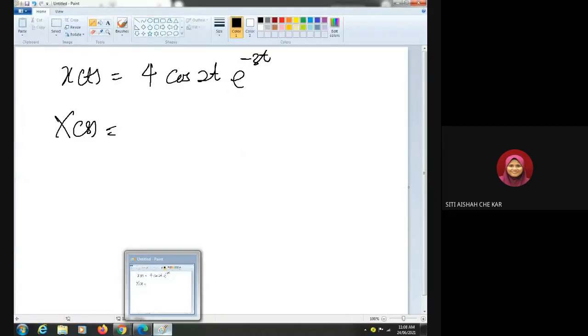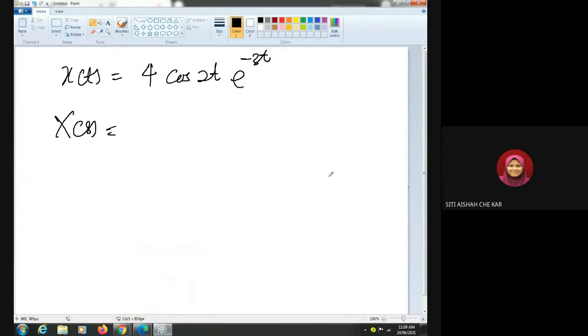First, you have to identify the xt without exponent. So that one, when you identify, you buang dulu, you tutup dulu dengan tangan yang mana ada exponent. So that is the original xt that you have to Laplace first.